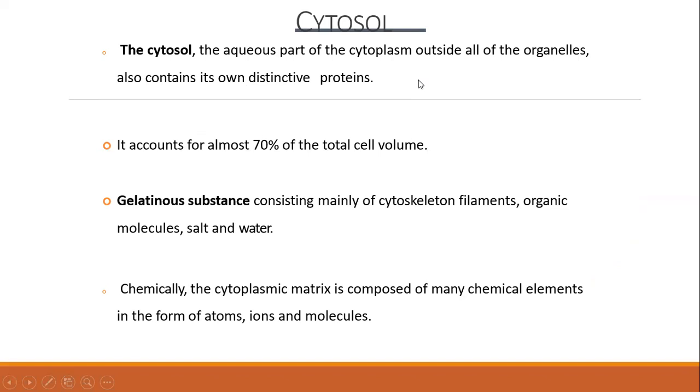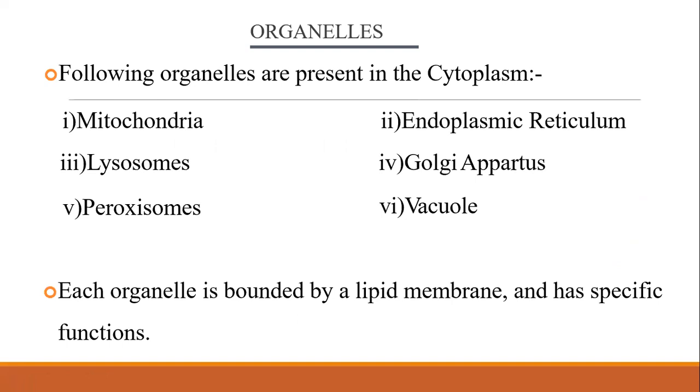So what is cytosol? The cytosol is the aqueous part of the cytoplasm which is present outside all the organelles. It accounts for almost 70% of the total cell volume. It is a gelatinous substance consisting mainly of cytoskeleton filaments, organic molecules, salt, and water. Chemically, the cytoplasmic matrix is composed of atoms, ions, and molecules.